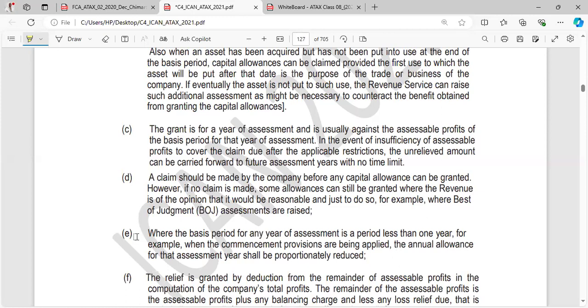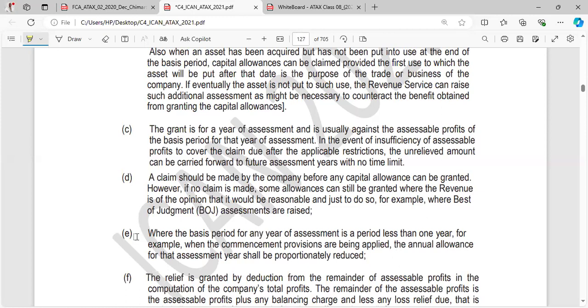So what it means is that you have 1 million assessable profit, that's fine. But your capital allowances now happens to be 1.5 million. How can this happen? It can happen for agricultural companies and manufacturing companies. Why? Because you don't restrict their capital allowance.